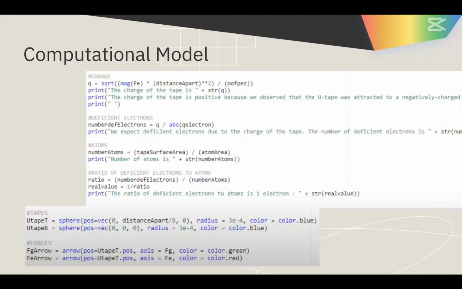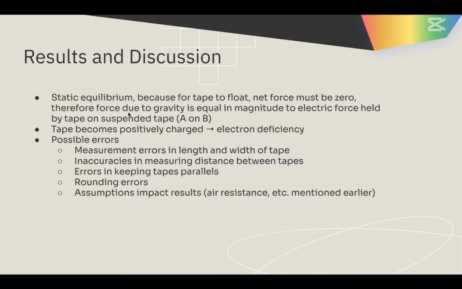But the important parts of the calculations use the formula we learned in class, using the distance between two dipoles. And the distance is also what we calculated earlier. We also use the number of atoms and electrons for the ratio of deficient electrons. So we're just putting in the formulas that you saw earlier, but in computational form.